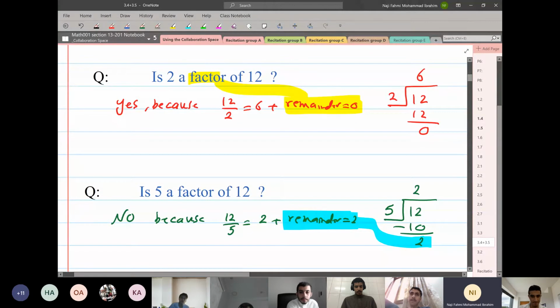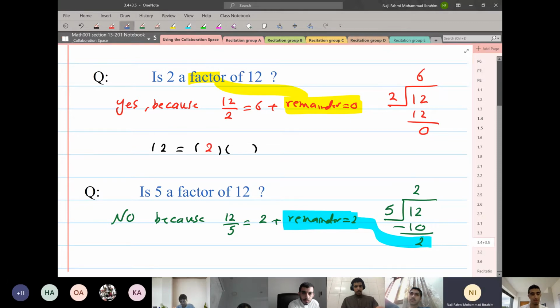The answer was yes. Why? Because the remainder was what, Shabab? 0. If 2 is a factor, what's the other factor of 12? 12 is the product of what, Shabab? 2 times what? 6. 2 times 6. What do we call the 2?